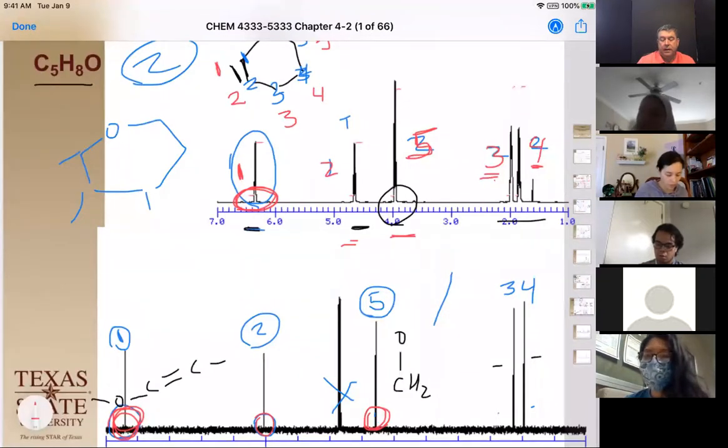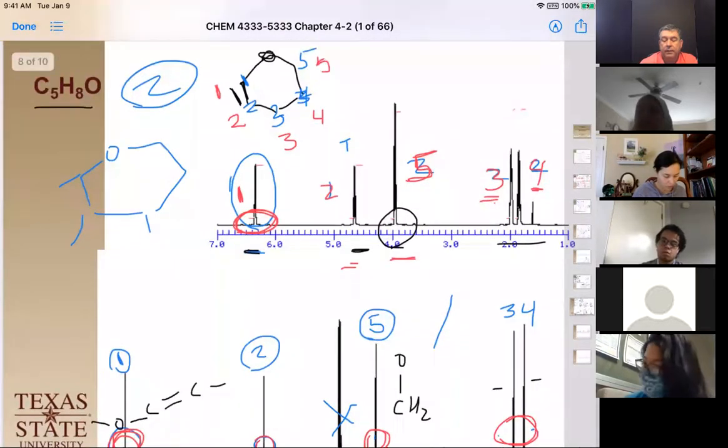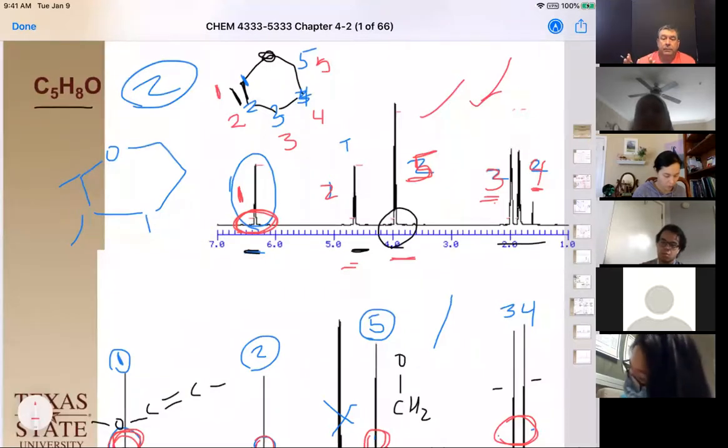And then these look just like alkanes down here. So that's what gave me the hydrogen deficiency, and the lack of symmetry told me it was probably a ring, and an unsymmetrical ring at that. The other thing that told me I had a ring here is the fact that none of these right here integrated to 3, okay?